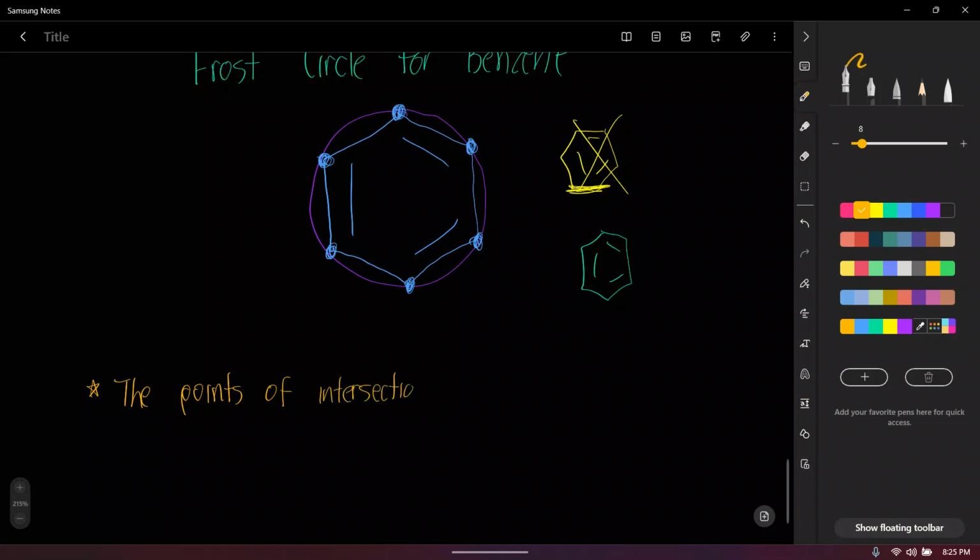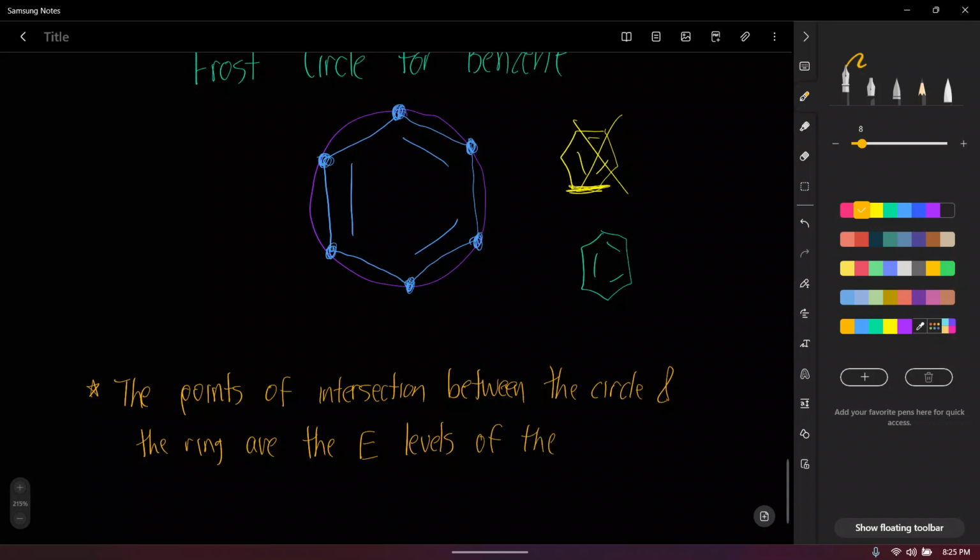The points of intersection between the circle and the ring are the energy levels of the MOs in the molecule. And the center of the circle is where energy is equal to 0.